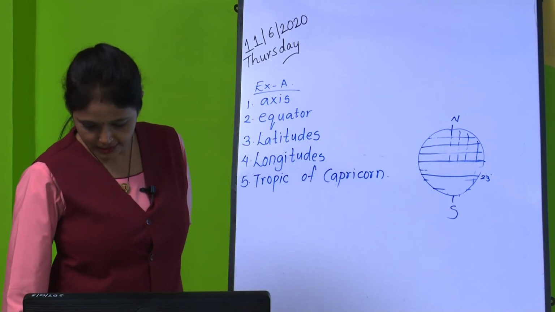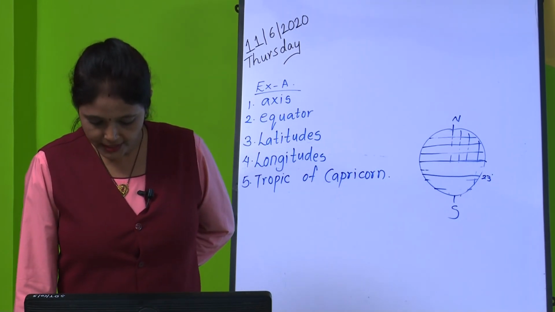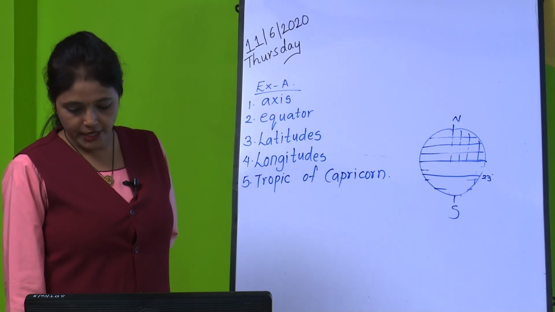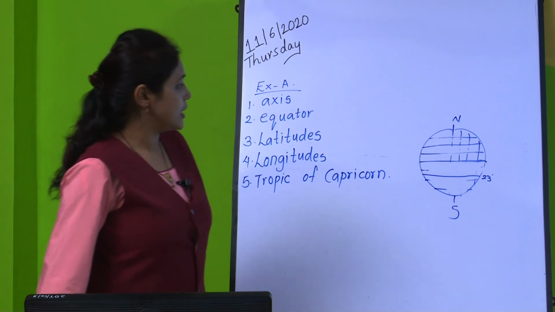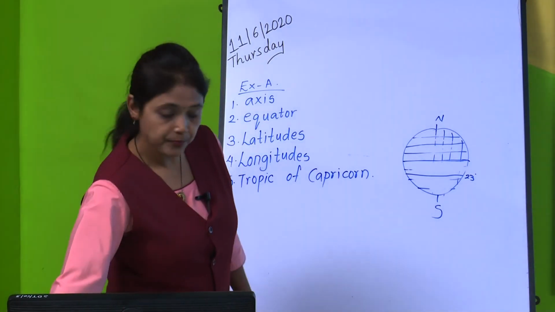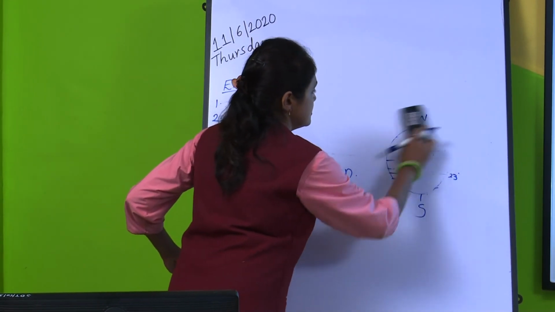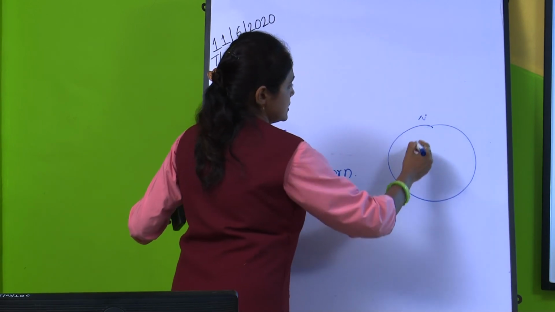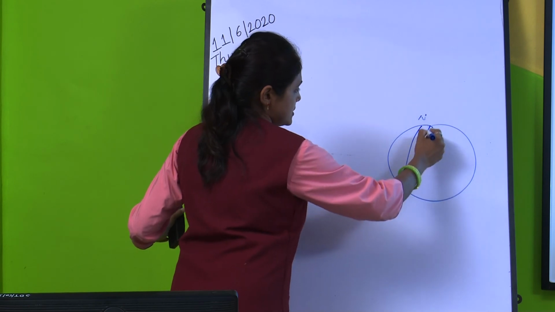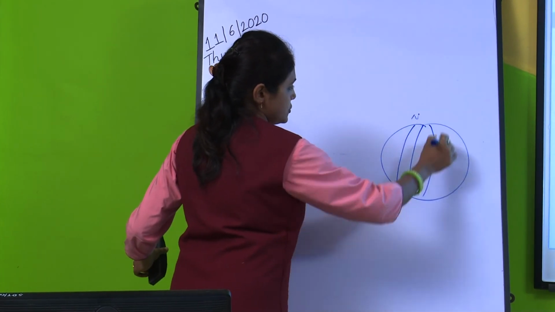Very nice. Okay, the meridian marked 0 degrees is called the dash meridian. Now meridian means what? These are called meridians and also longitudes.